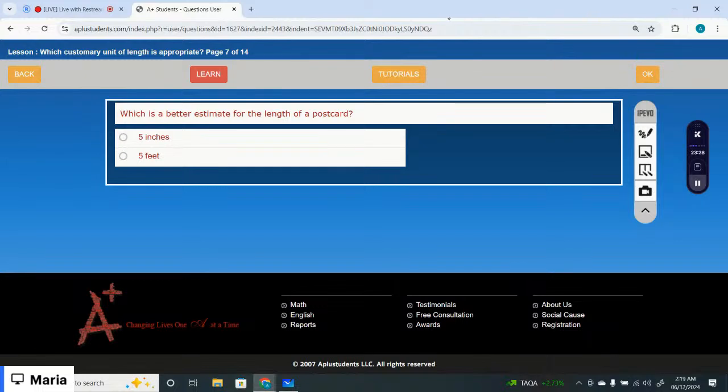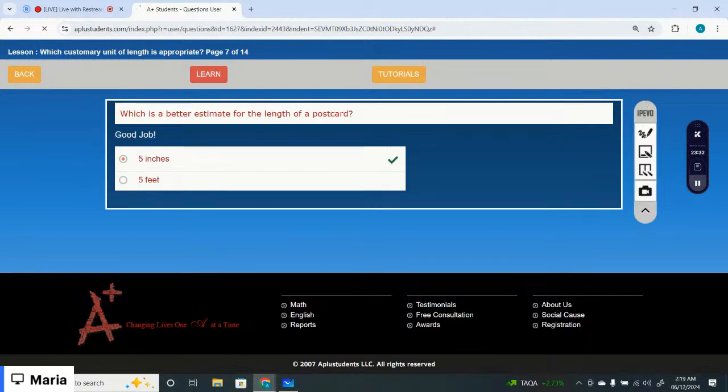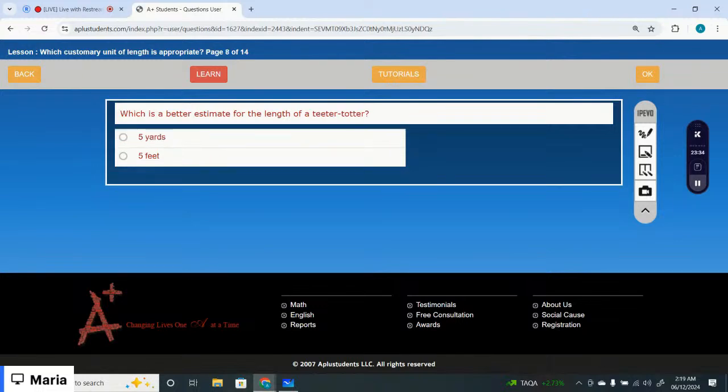That is 5 inches. Option number 1 is the correct option. Which is a better estimate for the length of a teeter-totter?